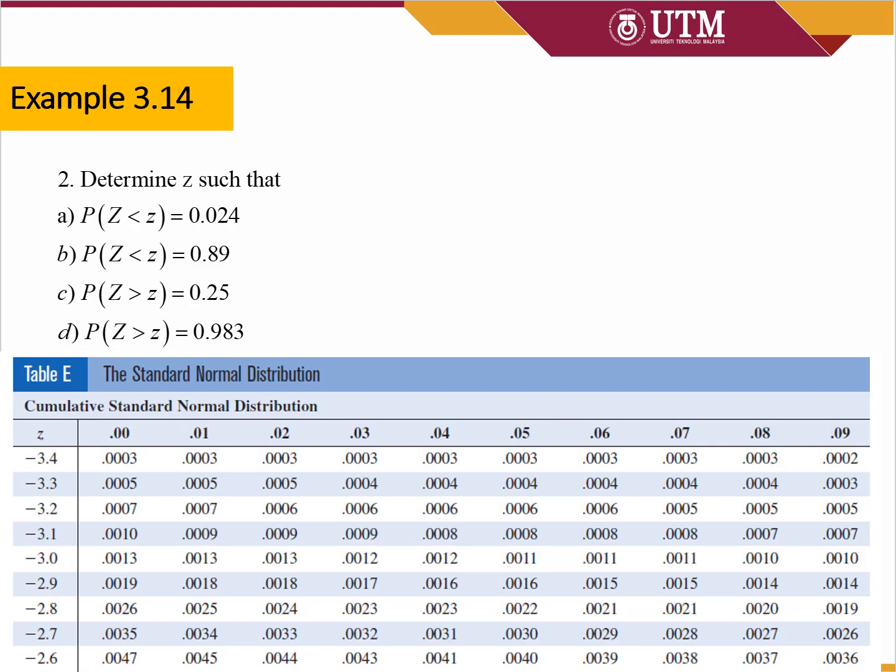Let's try another kind of example. Determine Z such that the probability of Z less than or equal to z equals 0.024. This problem didn't give you the value of Z. There's no Z value, except that you know this is the area of the curve.